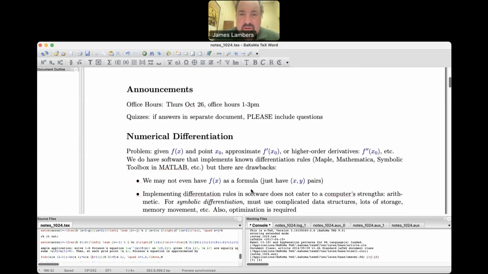If you're going to write a program that will compute derivatives of formulas for you, you have to have some internal representation of f of x that represents all the operations performed in evaluating f of x. And so there are storage considerations, allocation of memory, those issues to think about, and all of that adds overhead that can slow things down.